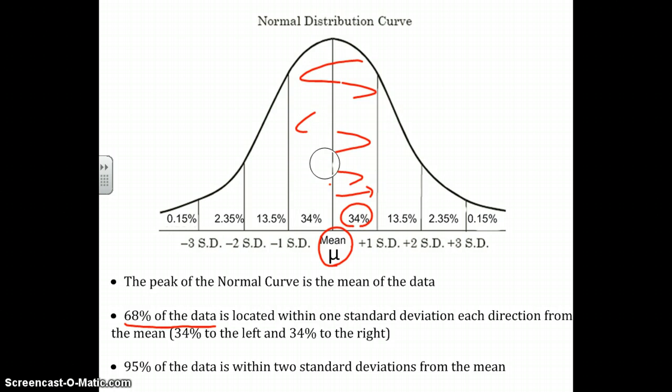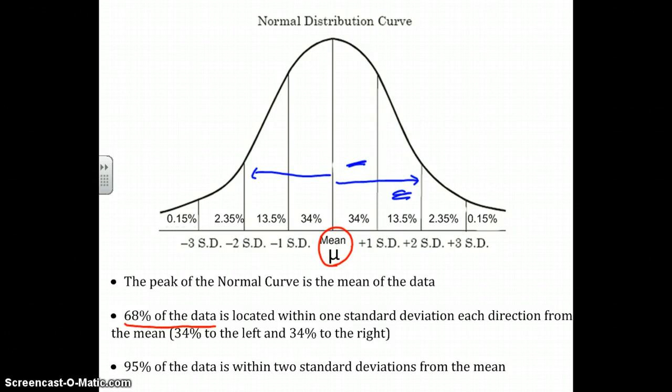Then we also have information if we go up 2 standard deviations. If we go from the mean up 2 standard deviations, we've got 34% in here and then 13.5% in there. So from the mean up 2 standard deviations, that's going to be 47.5%, and then from the mean down 2 standard deviations is another 47.5.